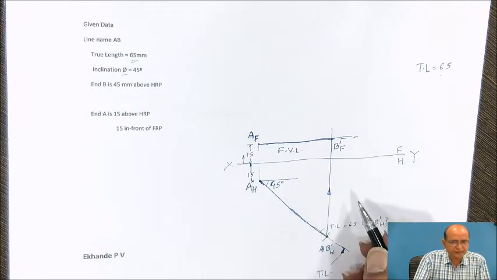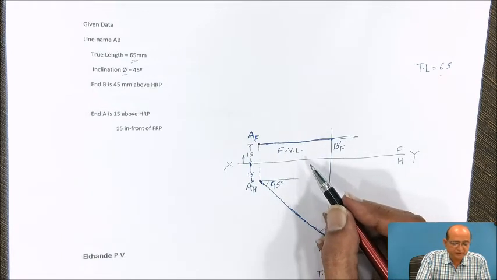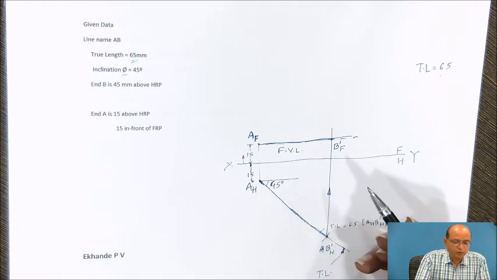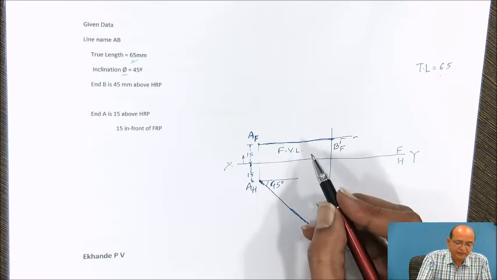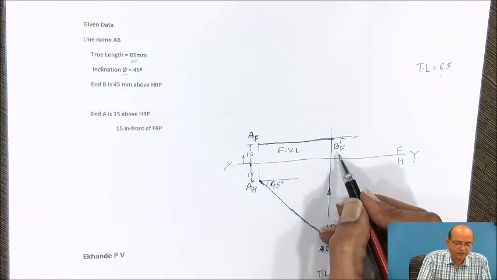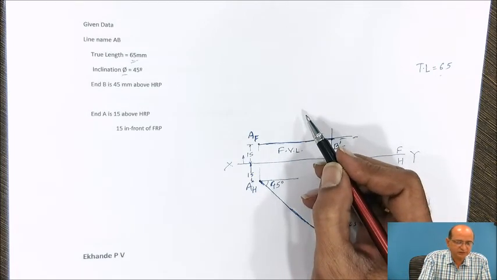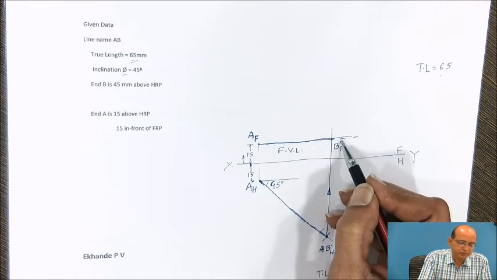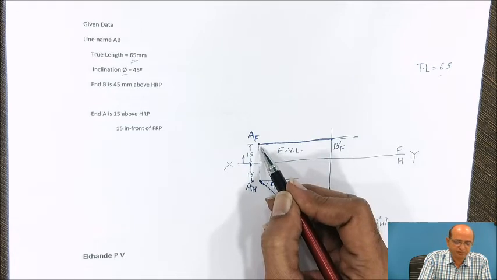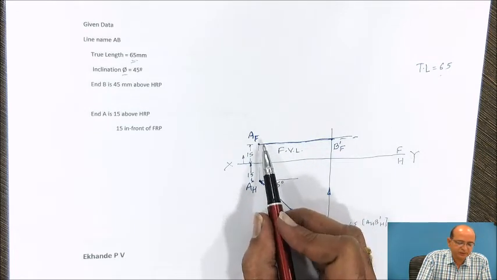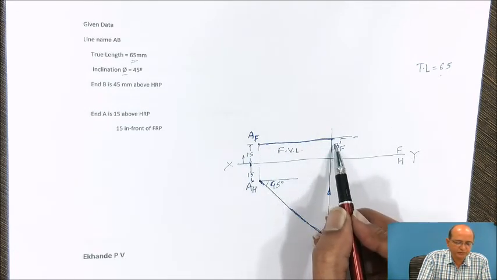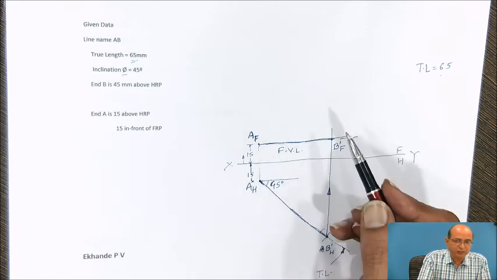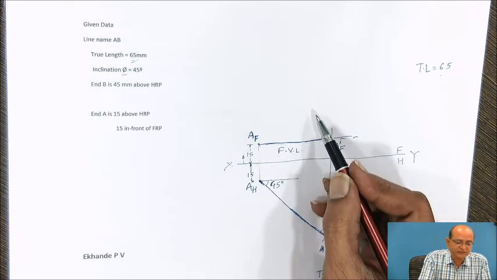Now once we get the front view length over here, the next step is to obtain the actual position of B end on this side by rotating this B dash F point with respect to AF. Means we will take the distance equal to AF B dash F in compass and we will have the rotation of that. But where we will get the intersection in this?